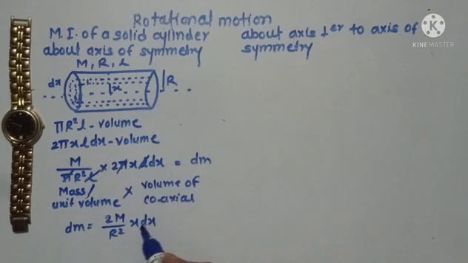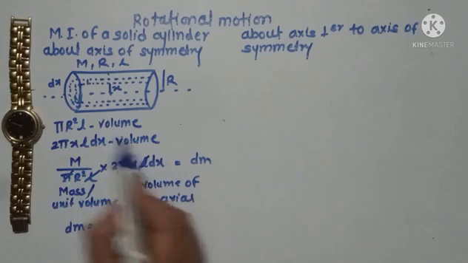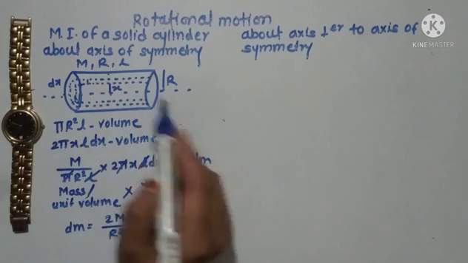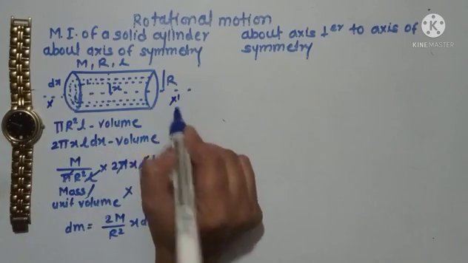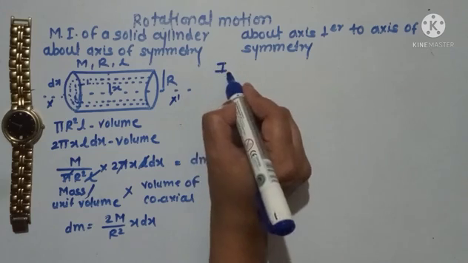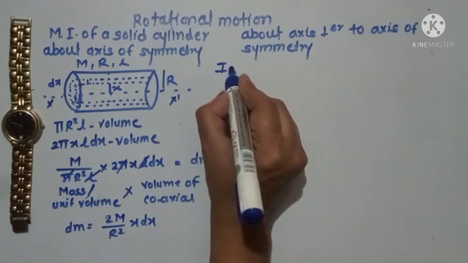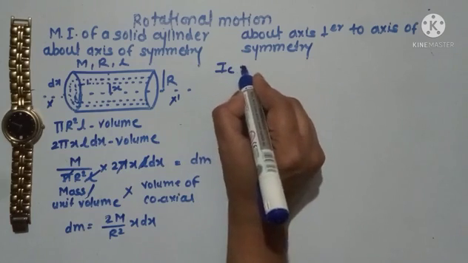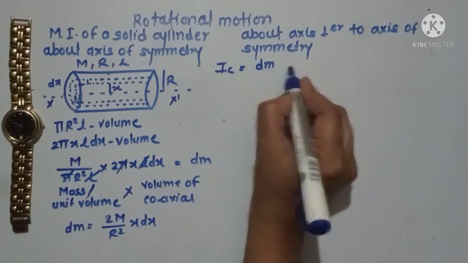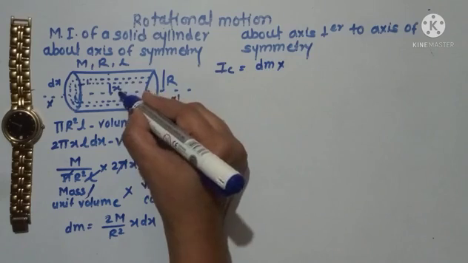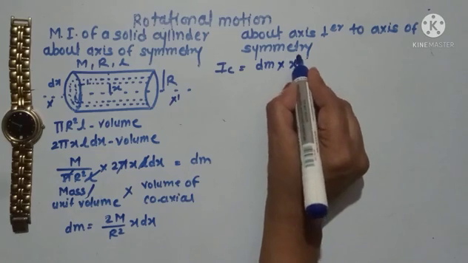Now if I want to calculate the moment of inertia of this coaxial cylinder about the axis of rotation, which is the axis of symmetry of the cylinder, let us call it x dash. So the moment of inertia of this coaxial cylinder, let us call it I of the coaxial cylinder, will be the mass of the coaxial cylinder multiplied by the square of the distance from the axis of rotation, which is x square.